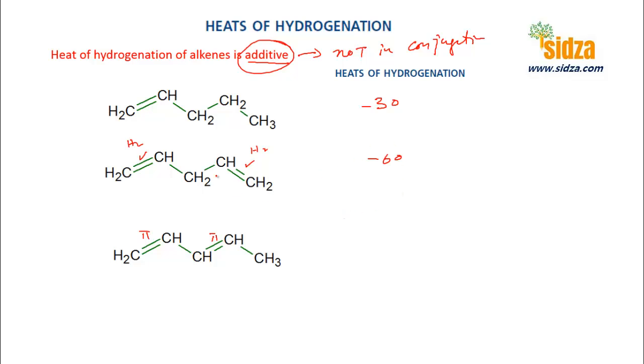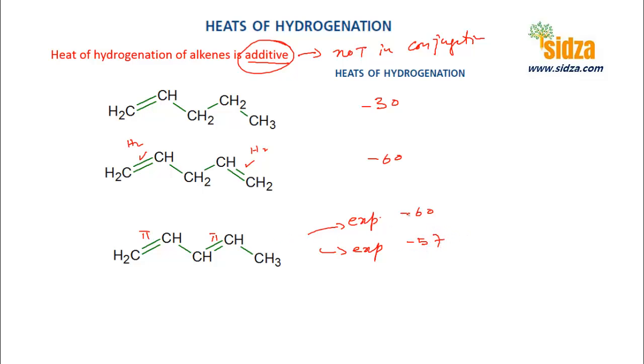Now, if you have two double bonds that are not in conjugation, the expected value of the heat of hydrogenation should be 60 kilocalories. But what we find experimentally is that the value is only around 57 kilocalories. This is a little different. It is less.